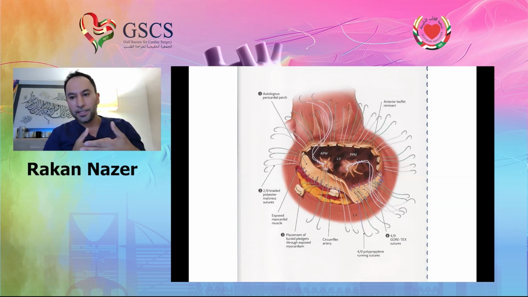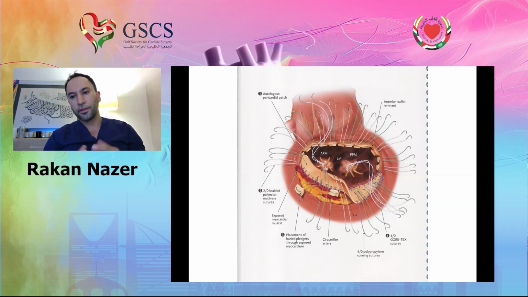So again, I think the best approach is to carefully do your posterior suture line on the patch, and then put your anchoring pledgeted sutures while taking a small lip of ventricle or myocardium on the posterior suture line, and then flipping over your patch, closing the patch.